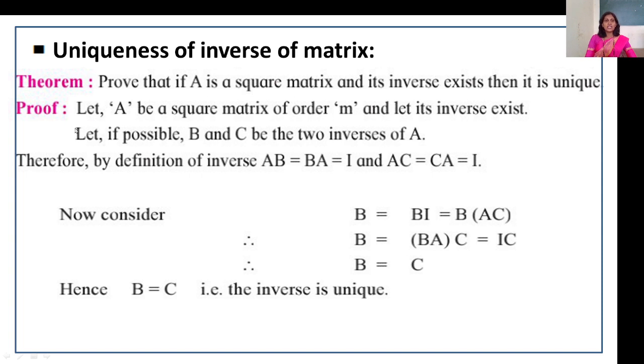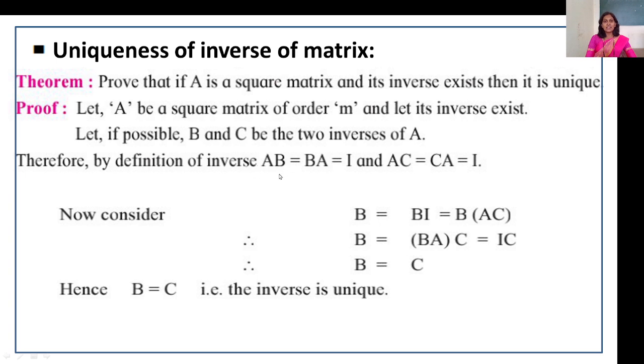So its proof: let A be a square matrix of order m and its inverse exists. Let, if possible, B and C be the two inverses of A. Here we assume, by contradiction, that there are two inverses of matrix A.